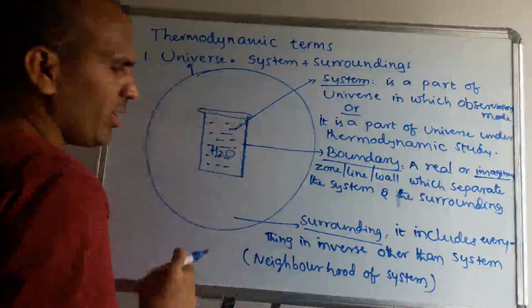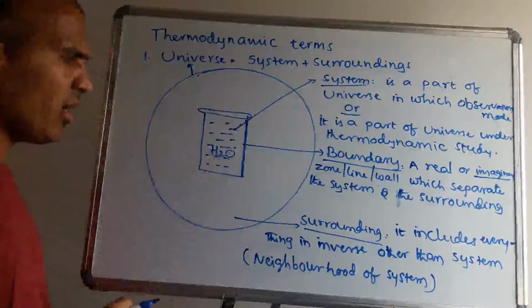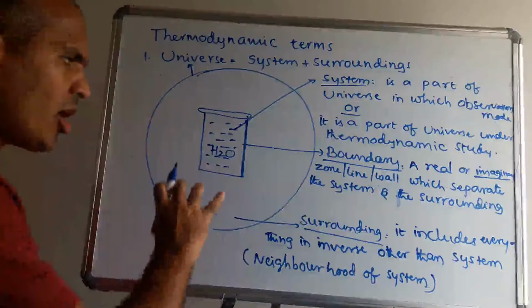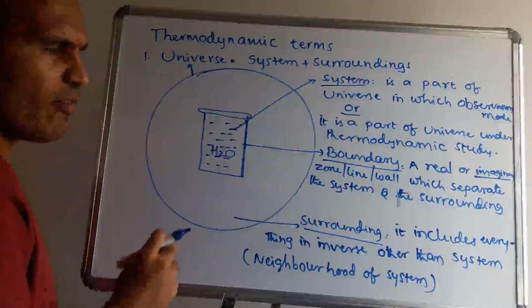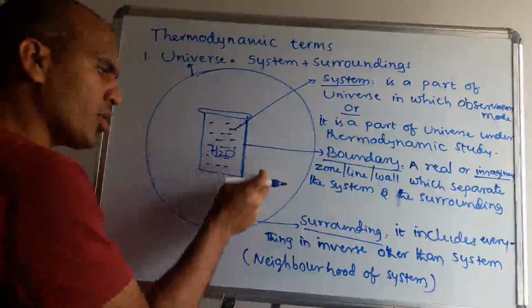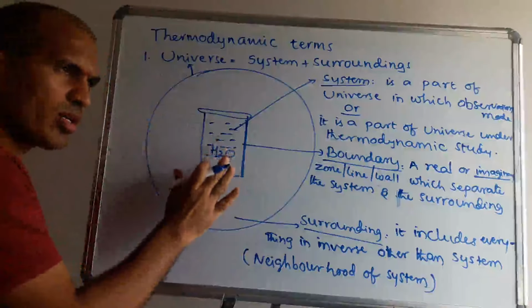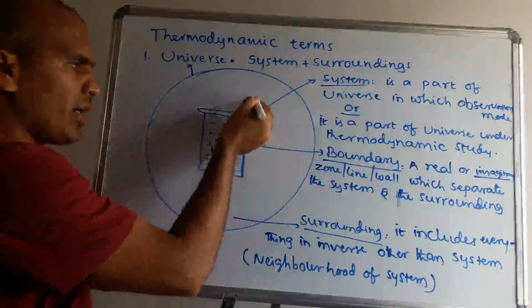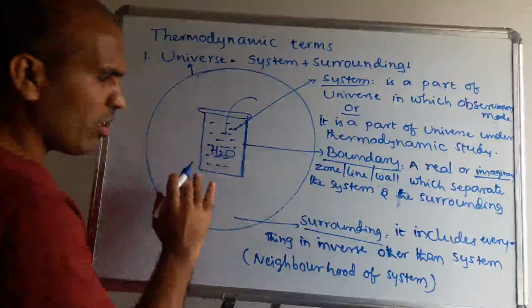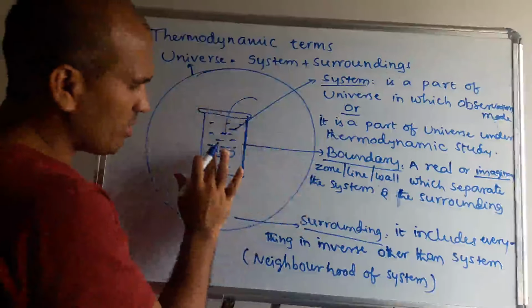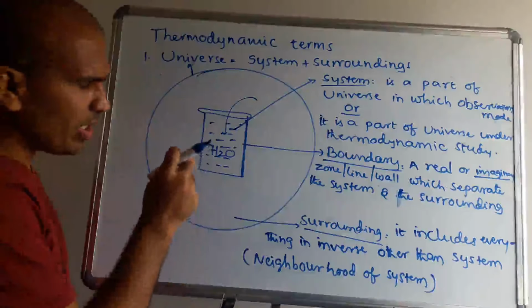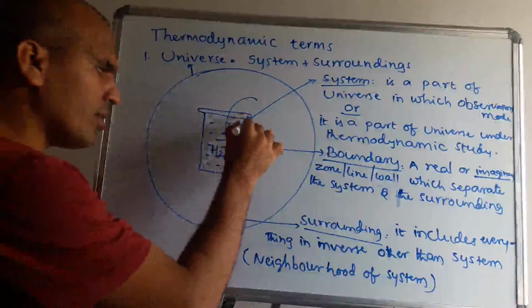Now with this boundary we can control or keep track of how the transformation of matter or energy is involved from system to surrounding or surrounding to system. Now this water may get some extra molecules or gain some energy from the surrounding, or it may lose energy from system to surrounding. This transformation we can control or keep track of by this boundary.